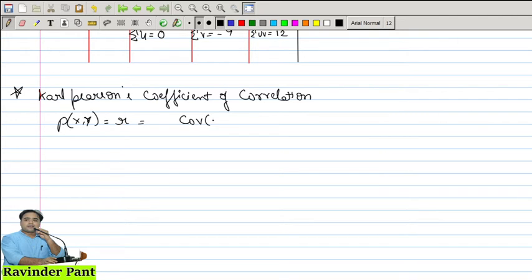The covariance you calculated for x and y is divided by the square root of variance of x and the square root of variance of y, which is eventually the standard deviation of x and standard deviation of y. That is how you calculate this.